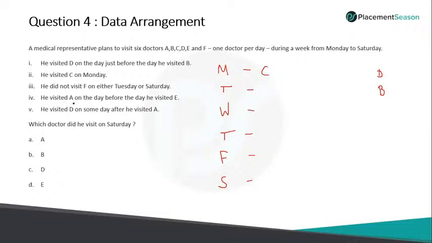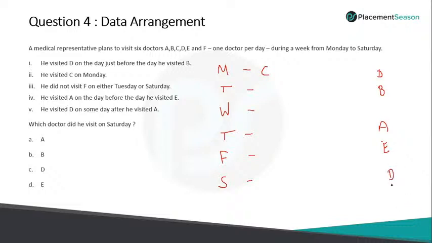Okay, next condition. He visited A on the day just before the day he visited E. The same as point number 1, it is given. He visited A on some day just before the day he visited E. And he visited D on some day after he visited A. So A, E should be together, and after that anywhere D can come.